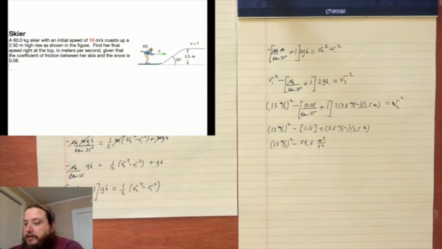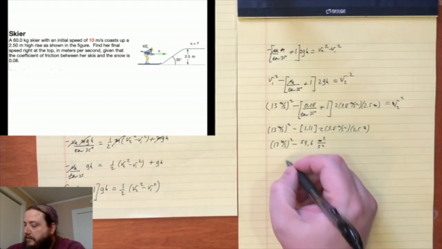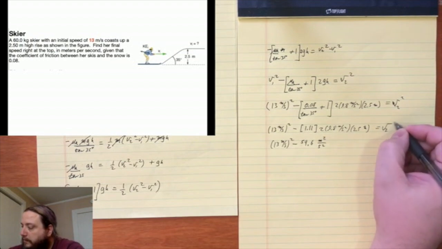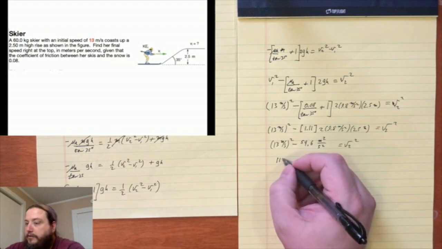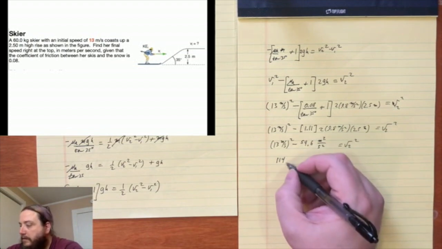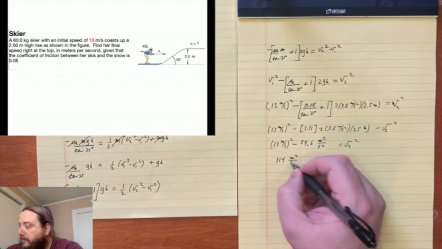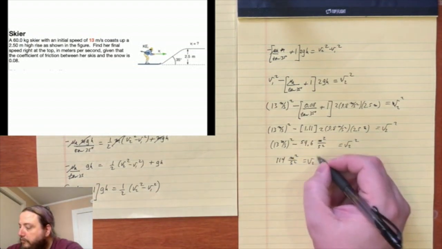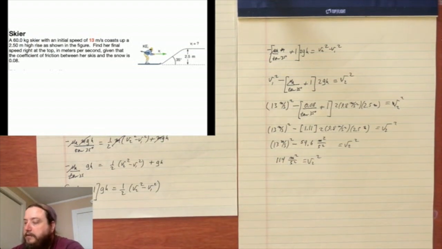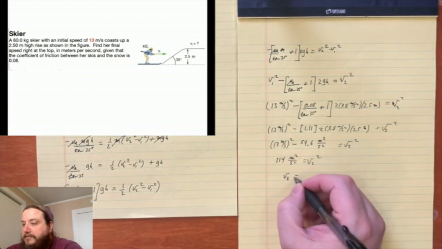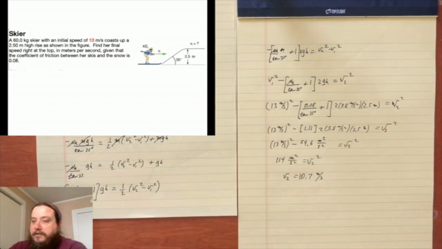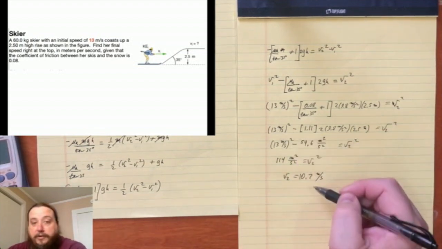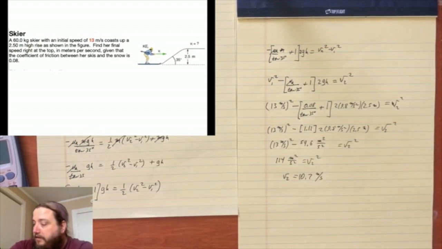So 13 squared minus that equals v2 squared, and this is 114 meters squared per second squared. If we take the square root of that, our second velocity here is 10.7 meters per second, which is indeed slower than she started at, so that's a good sign.